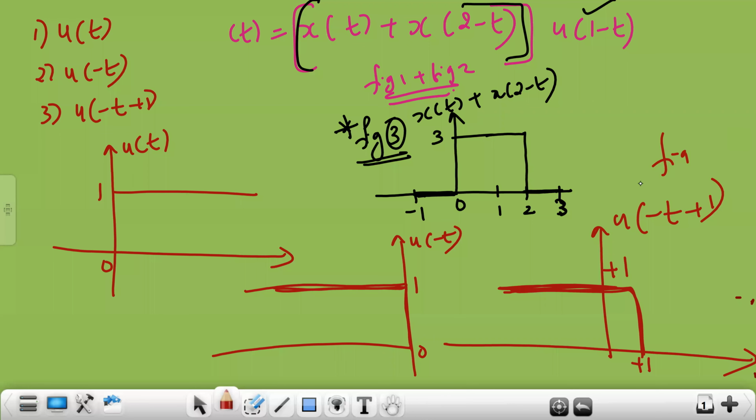And now what you need to do is you need to multiply figure 3 and figure 4. You need to multiply figure number 3 and 4.